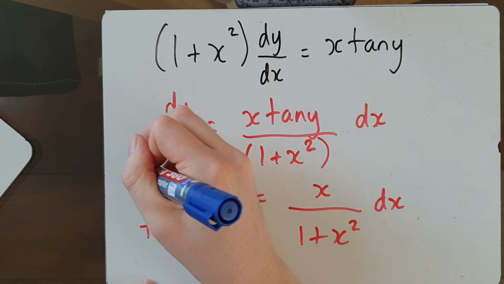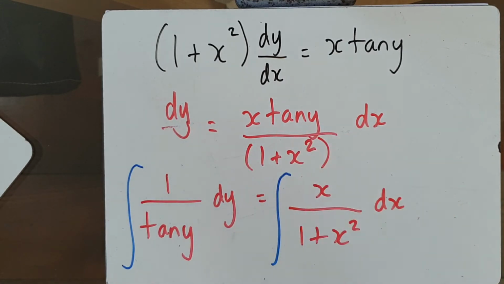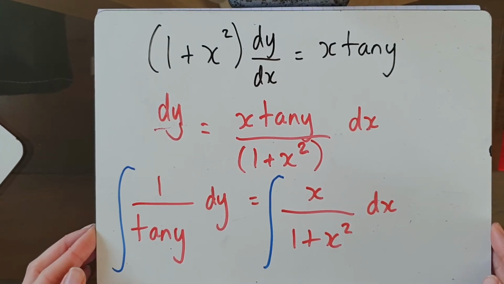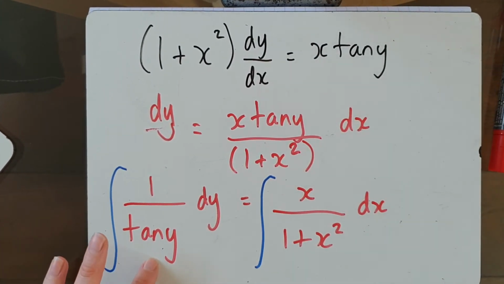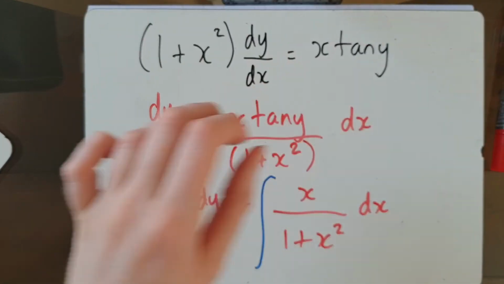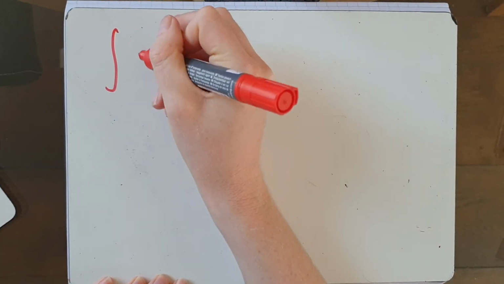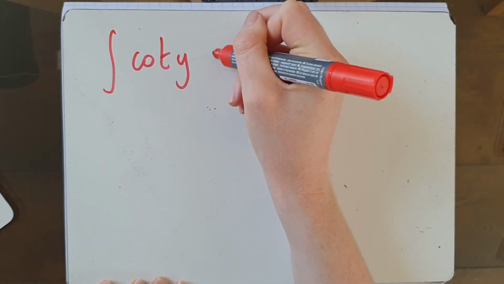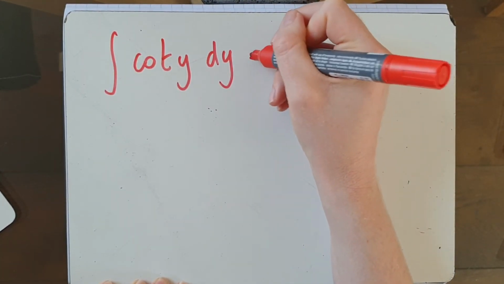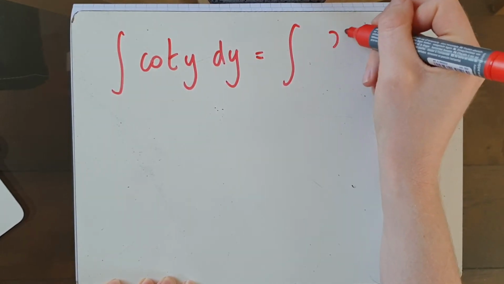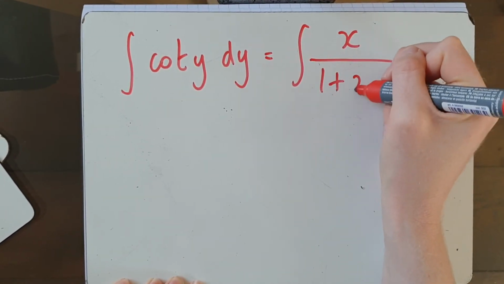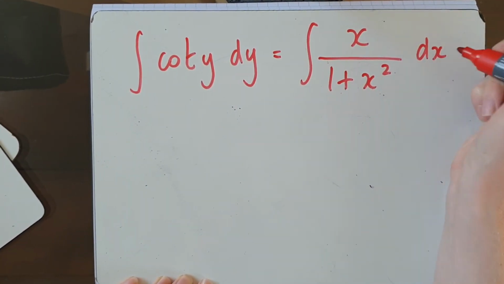And I'm going to integrate both sides of that. Turn this 1 over tan y into cot y, so that we end up with integral of cot y dy equals integral of x over 1 plus x squared dx.